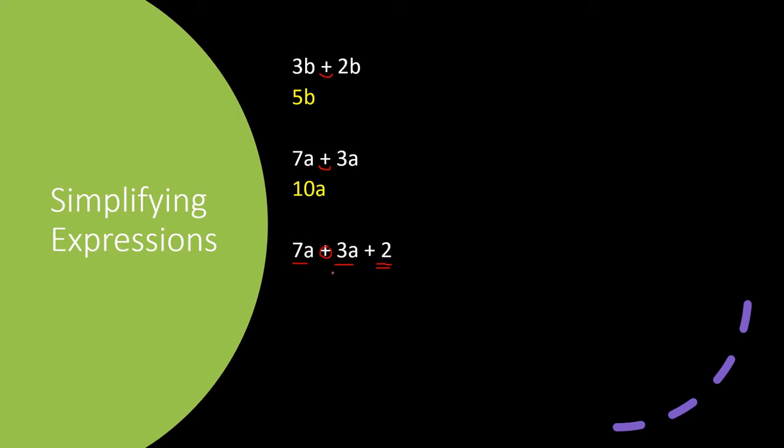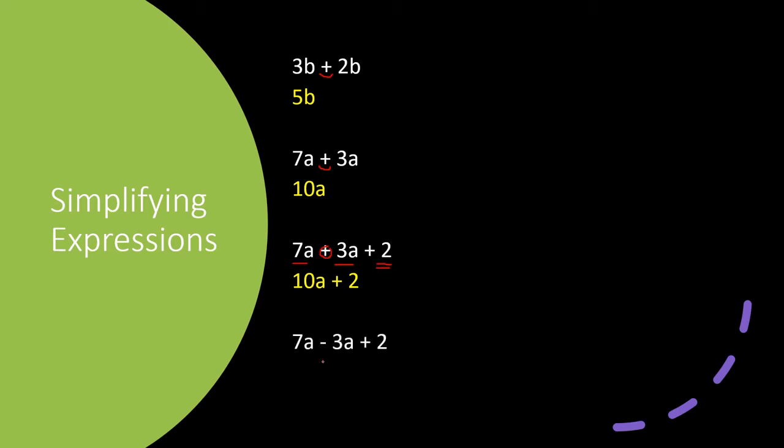The a goes along for the ride. I just move down the a, and then the plus 2, I just move it down too. So this will be my result of simplifying this expression. Very nice.